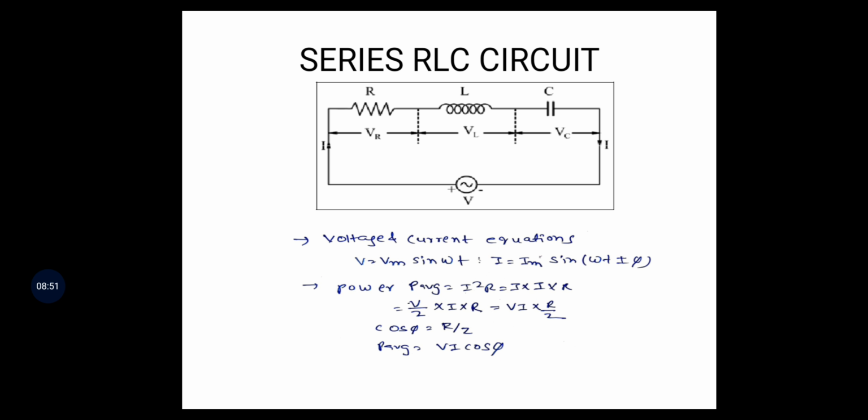So when the C value is greater, XC greater than XL, we give the plus phi symbol. The negative sign is to be used when XL is greater than XC, that is minus phi when the condition XL greater than XC is satisfied.